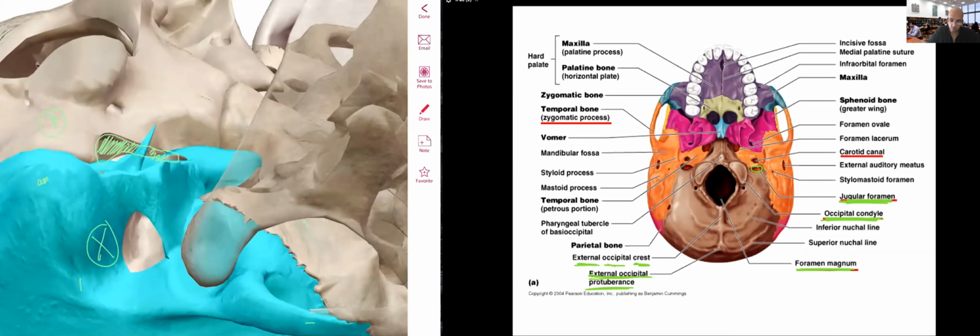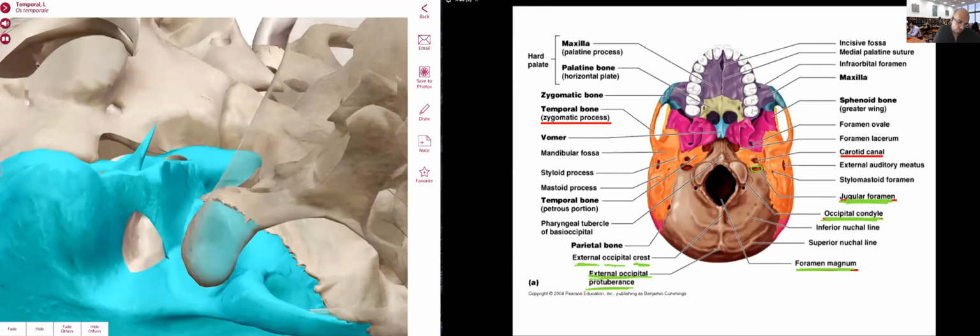This is my jugular foramen. So this is my occipital condyle. You'll see it's underneath. It's at a level lower than the occipital condyle, or actually above, because we're looking from underneath.